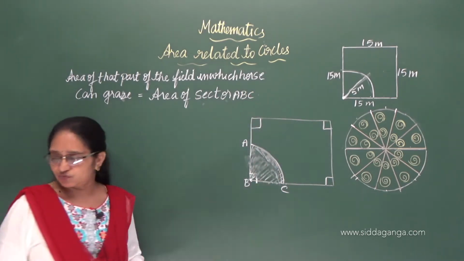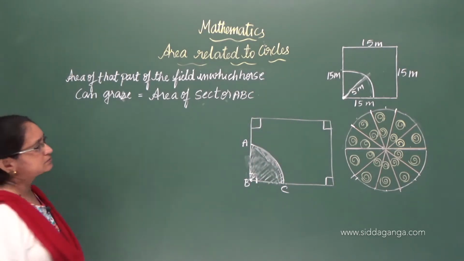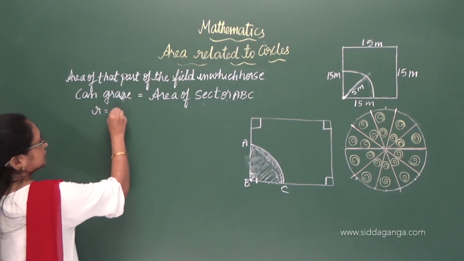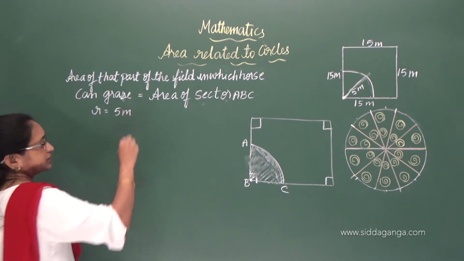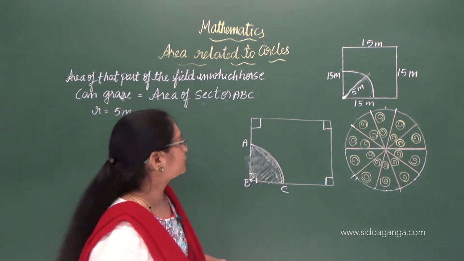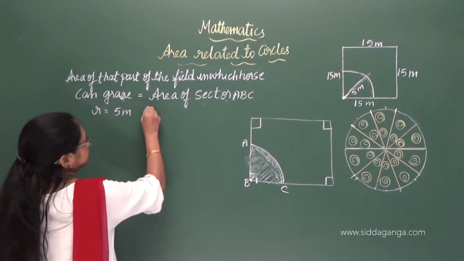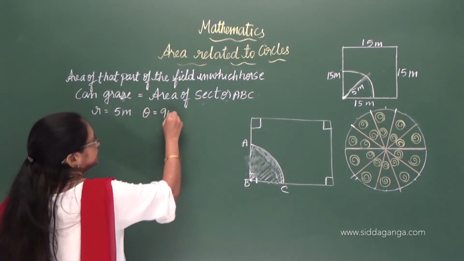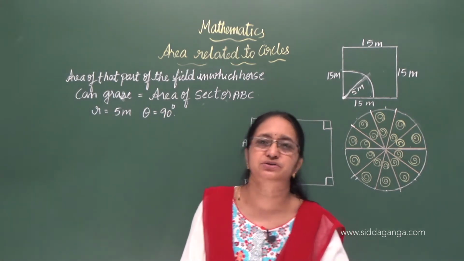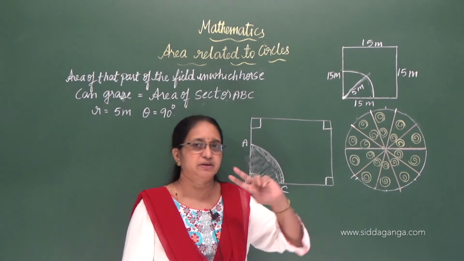Now you know the formula, and here what is the radius? R is equal to 5 meter. See, the radius of the sector is R is equal to 5 meter, and the sector angle is equal to 90 degree. This they have not given. Again here, we can solve this problem in two different methods.